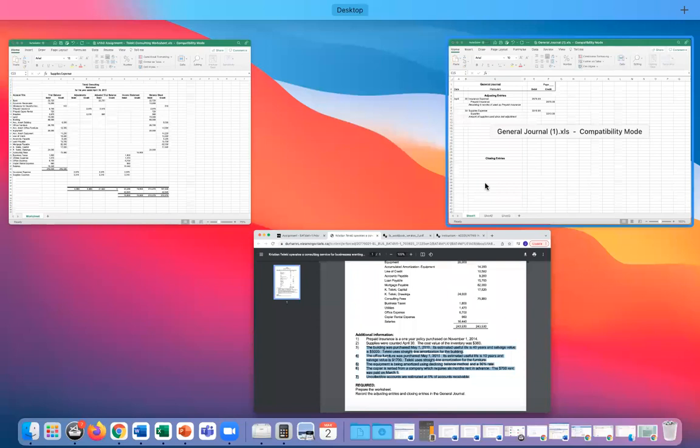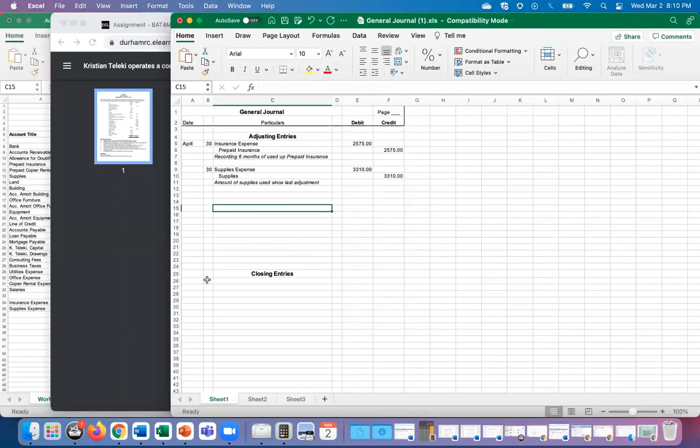And then underneath that, we have our closing entries. And then the closing entries are just like you did in the previous assignment to this, assignment number 7, I believe, from unit 1. And just remember, you're closing your revenue accounts, you're closing your expense accounts, you're closing the drawings accounts.